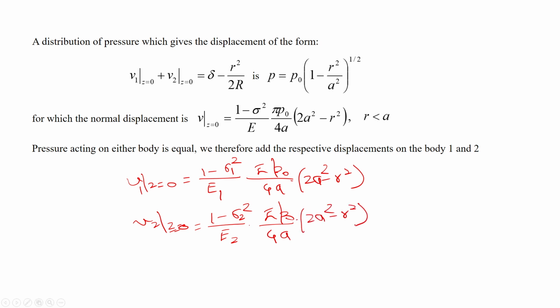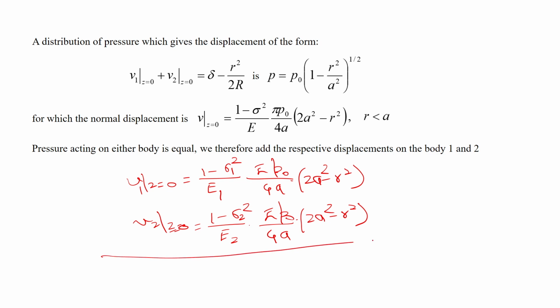See, all other terms remain the same, because p 0, the total load pressure, depends only on a, the contact radius, which is the same for both.